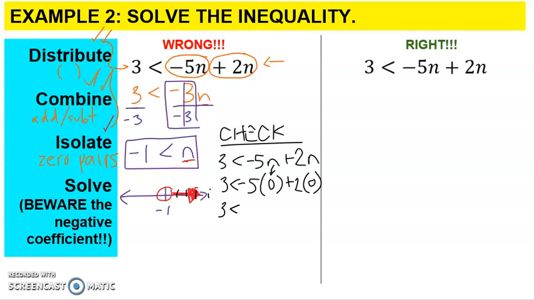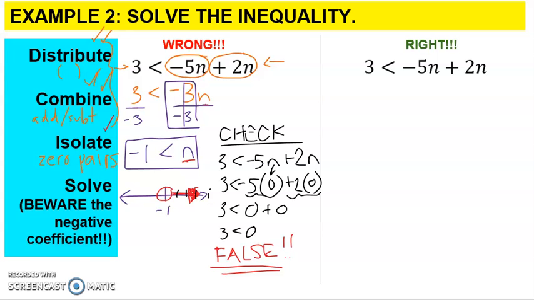So I have 3 is less than 0 because negative 5 times 0 is 0 plus 2 times 0 is 0. So 3 is less than 0. Wait, 3 is less than 0? Is that even right? That's a false statement. That is how I know, oh no, something happened in my work. I am wrong.